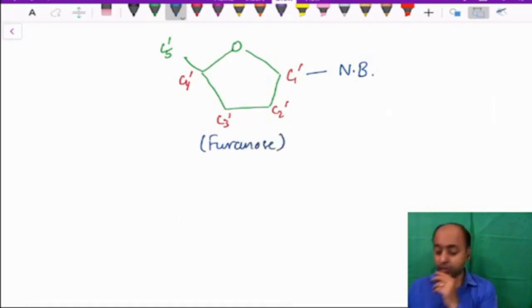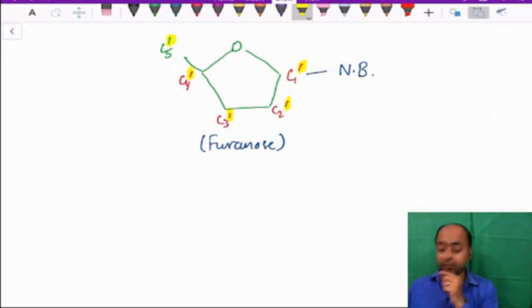So please note that this dash, also sometimes known as prime, is used to distinguish the atoms in the sugar from the atoms in the nitrogenous base. This is how we distinguish the two. When I say carbon 2 dash, I'm talking about the sugar. When I say carbon 2, I'm talking about the nitrogenous base.